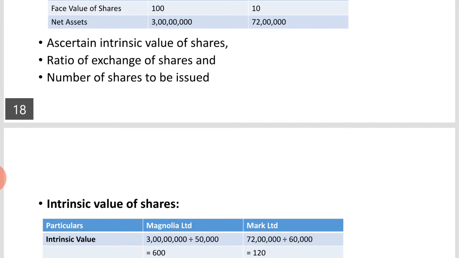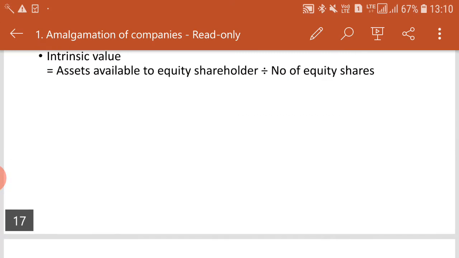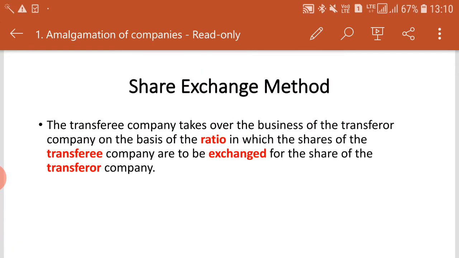Now let us look at the second point, which is asking us to compute the ratio of exchange of share. Let us first look at the meaning of ratio of exchange of share. See what is written here. The transferee company takes over the business of the transferor company on the basis of the ratio.